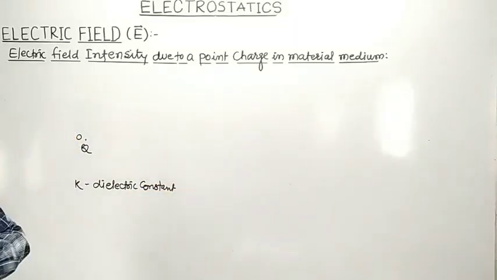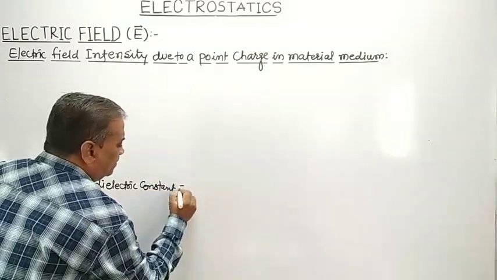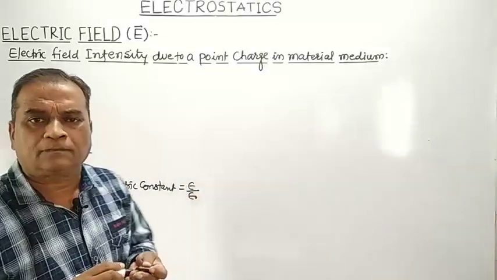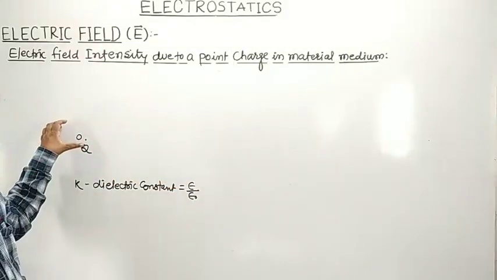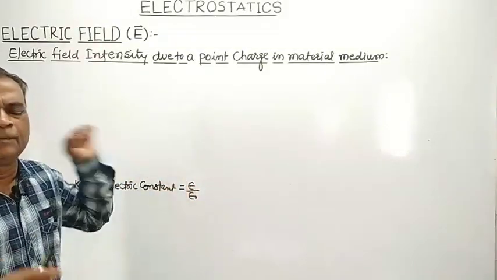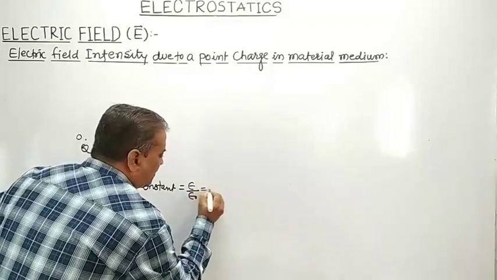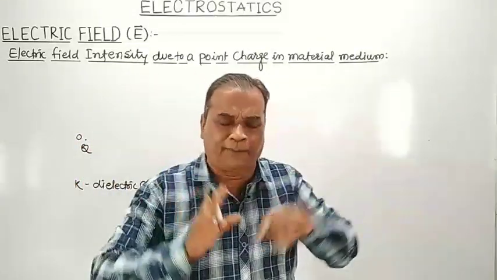Already we had studied the dielectric constant of medium. It is a ratio of absolute permittivity of a medium to the permittivity of free space, or sometimes it is also known as relative permittivity of a medium.